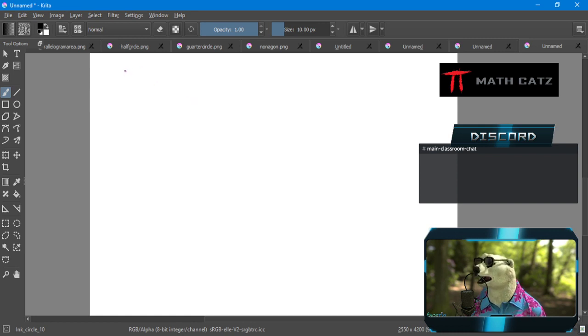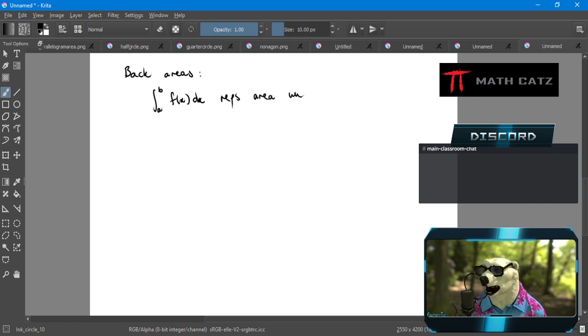Let's now go back to the area concept that is linked to this definite integral. We said that the definite integral from a to b of my function represents the area under the graph f of x on a to b.